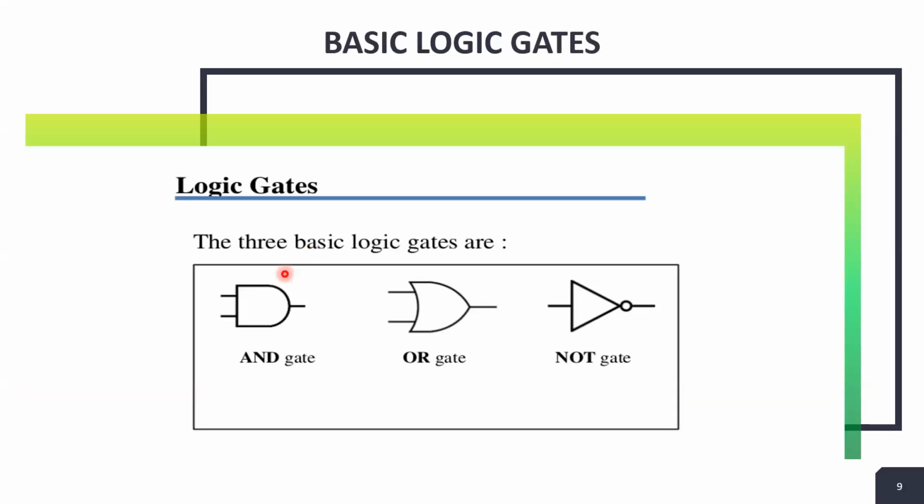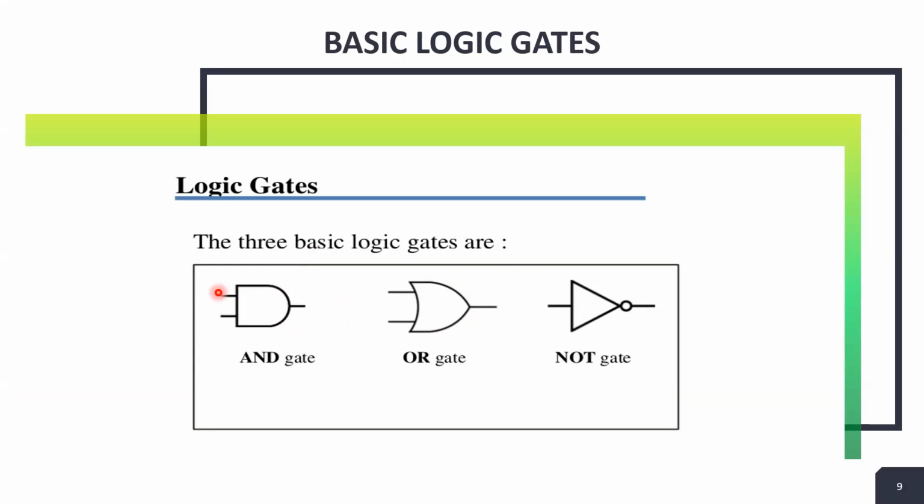Each gate has two or more inputs. These are the inputs of the gate, and only a single output. Clear? When you are inserting values in the truth table, we have to combine all the possible combinations.